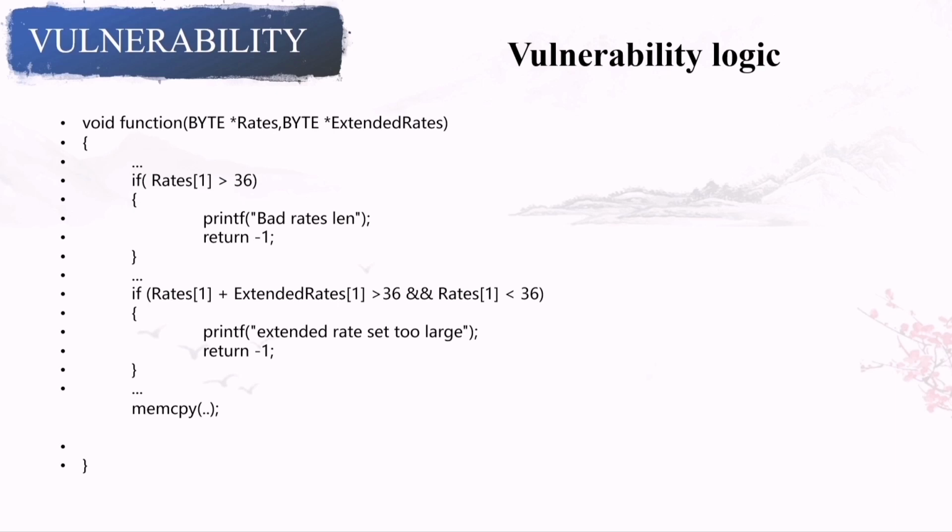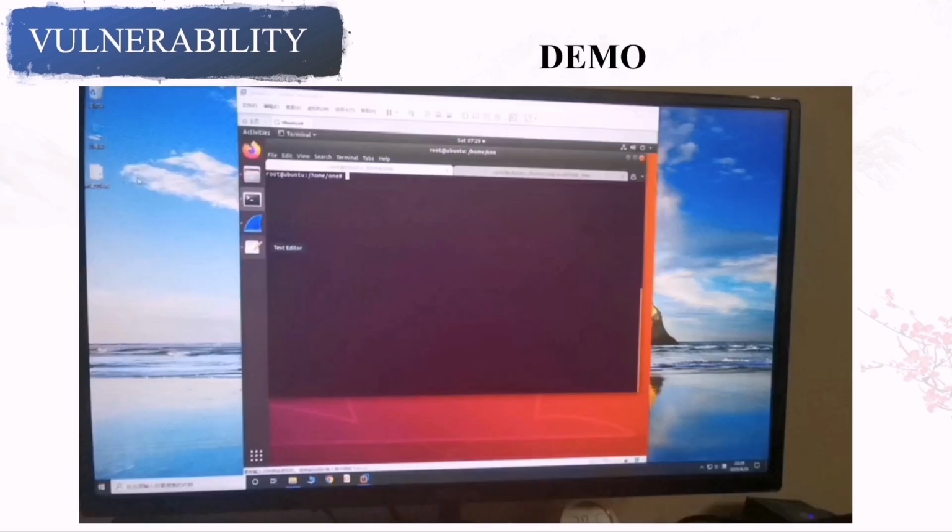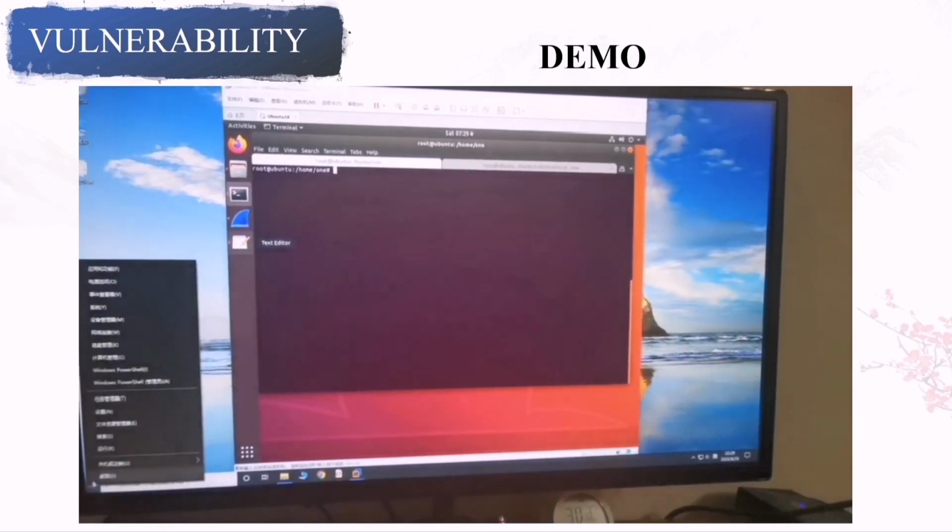If we set it to be 36, it can bypass the first and the second if condition. And then we can set the extended supported rates beyond the normal range, which would trigger the buffer overflow later. This is the POC demo.